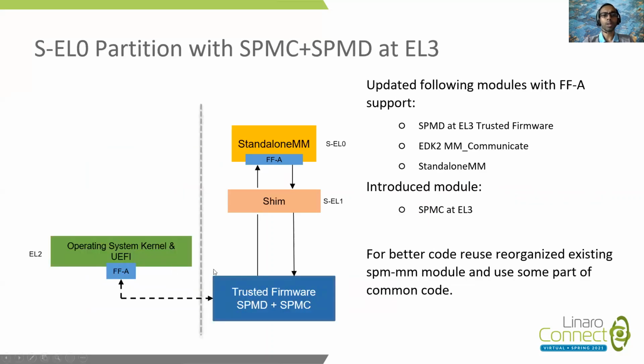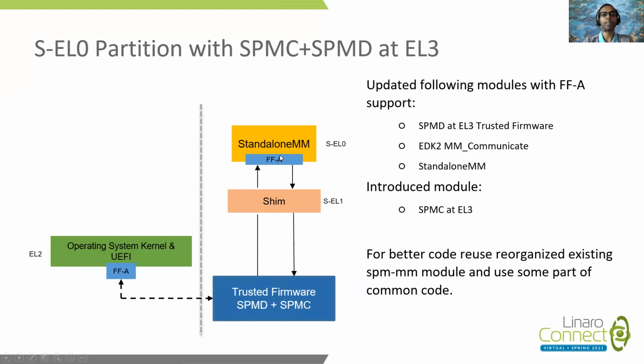The proposed model with users secure partition and SPMC and SPMD at EL3 looks how it's shown in this picture, where SPMD and SPMC both are part of trusted firmware and are at EL3.